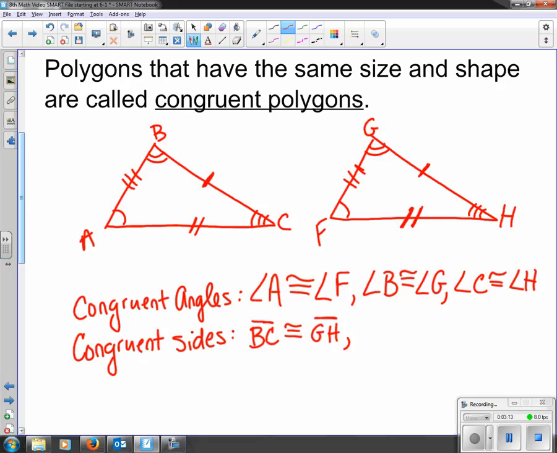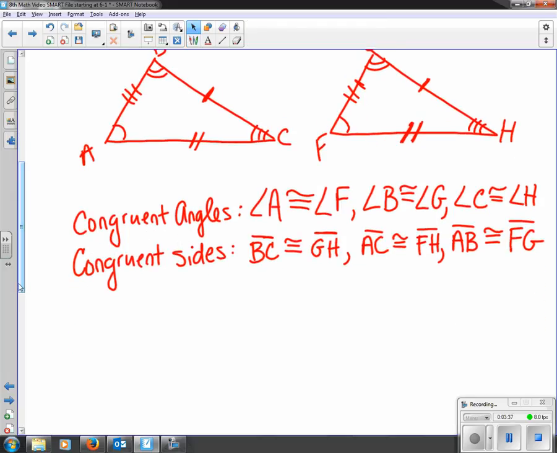And then line segment AC is congruent with line segment FH. And then line segment AB is congruent with line segment FG. So that's how we equate them.